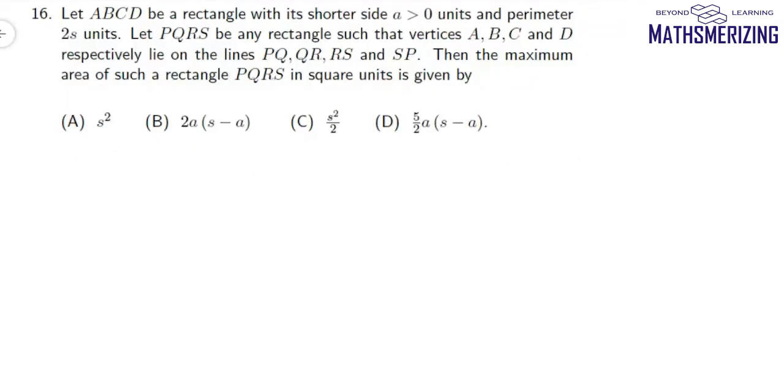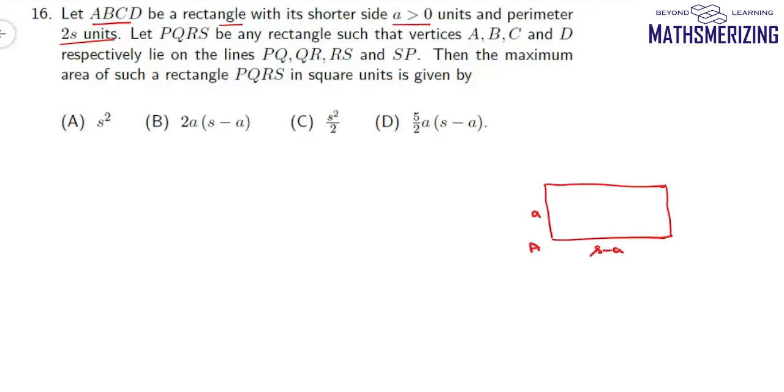Now question number 16, it says, let ABCD be a rectangle with shorter side a greater than 0 units and perimeter of 2s units. So we have this rectangle whose shorter side is a and its perimeter is 2s. So this other side will be simply s minus a.